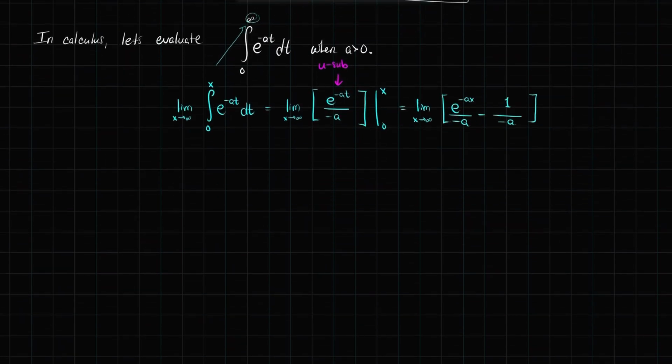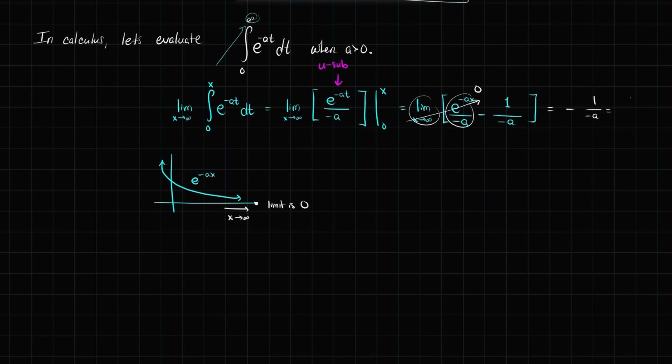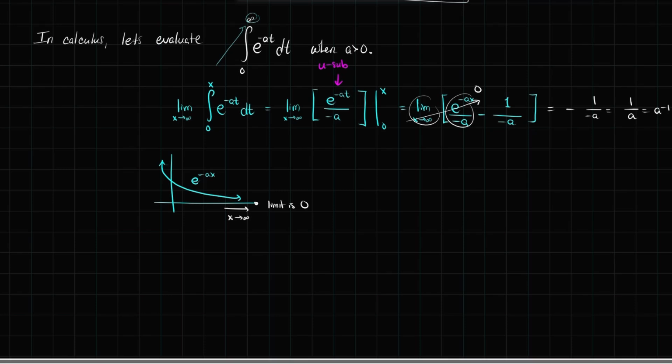So long as a is positive, e to the minus ax looks like this. And so when x goes to infinity, the value is 0. So this limit on this term gives me 0, and I end up with negative 1 over negative a, also known as 1 over a, or a inverse. So that's what our integral evaluates to.